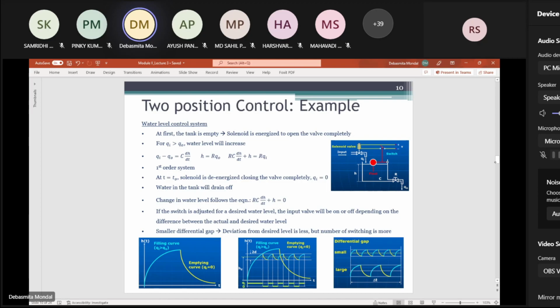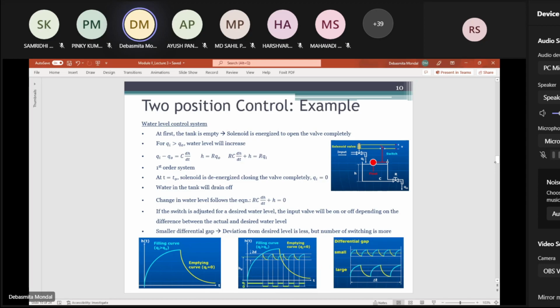But the outlet valve is still open. So even though the input flow has stopped, since the output valve is open, water will keep on going out, so the value of H will reduce.